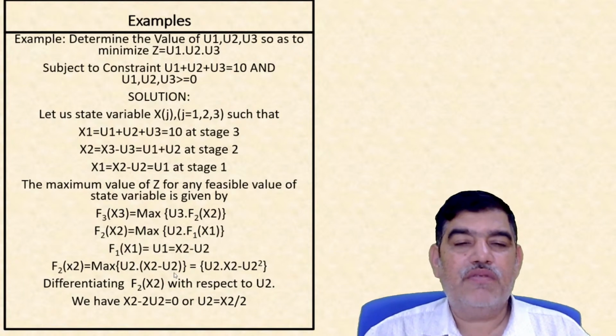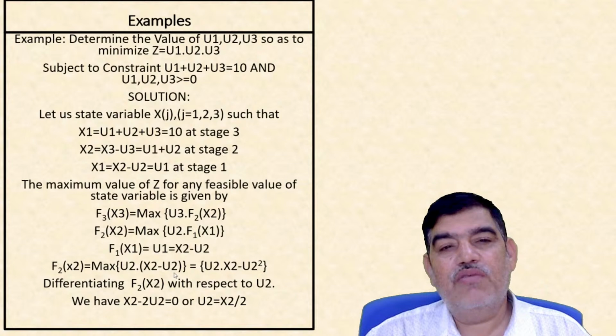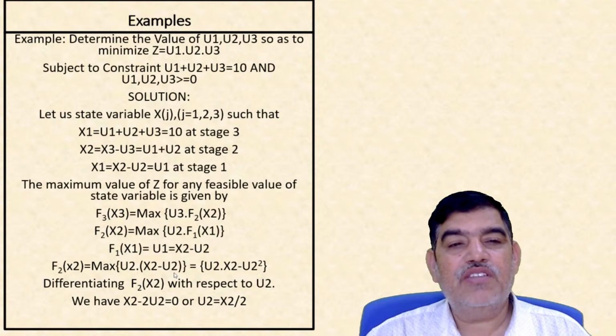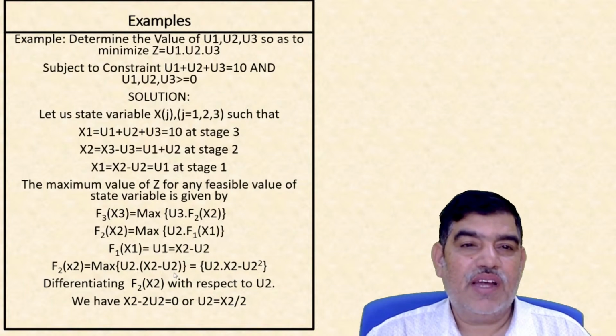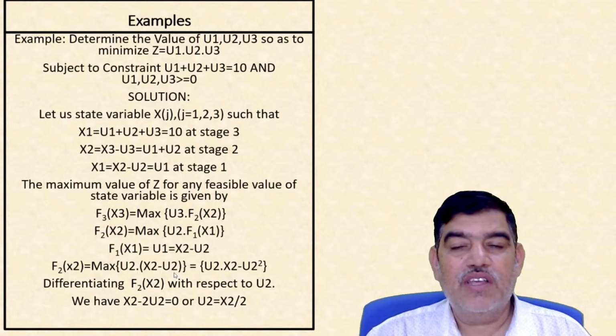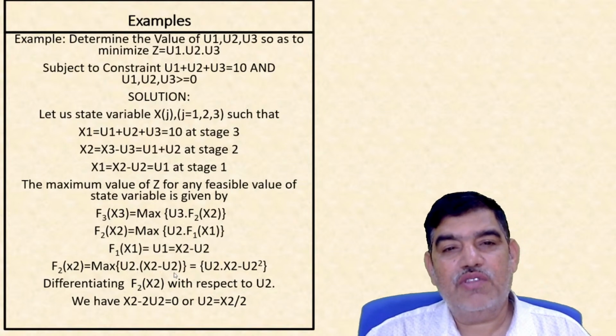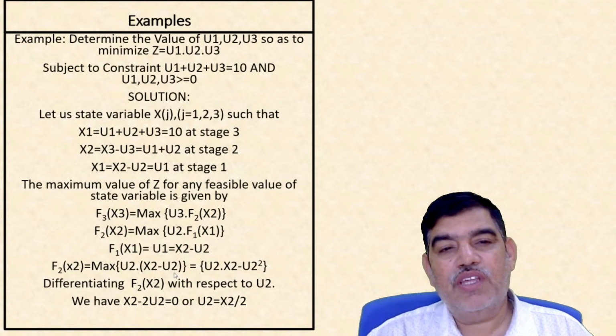Determine the values of U1, U2, U3 so as to minimize Z, where Z is the objective function, Z equal to U1 dot U2 dot U3, subject to the constraints U1 plus U2 plus U3 equal to 10 and U1, U2, U3 greater than or equal to 0.